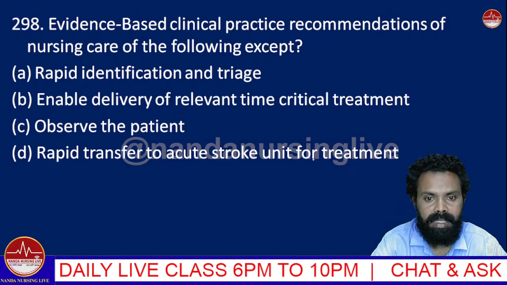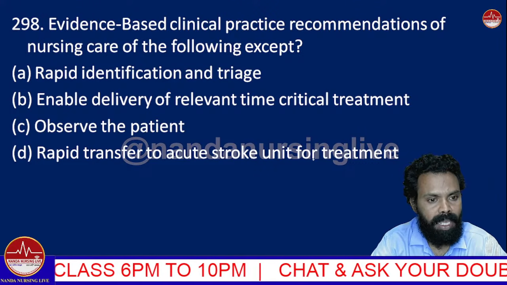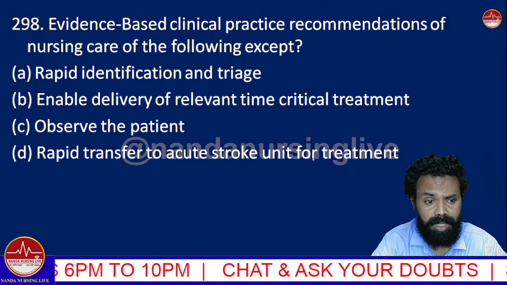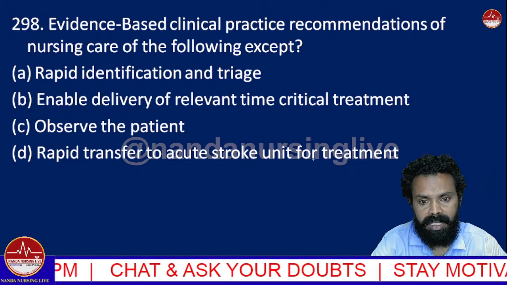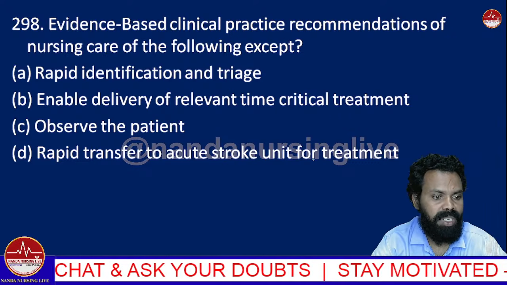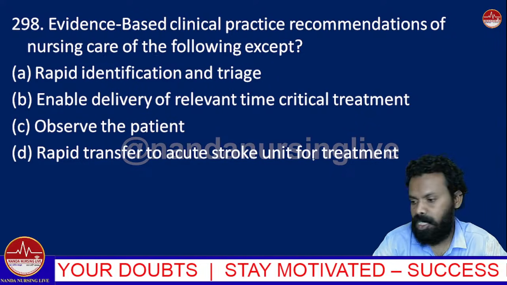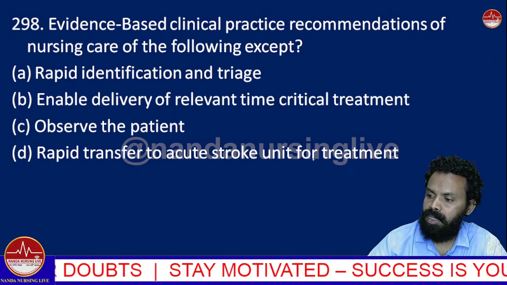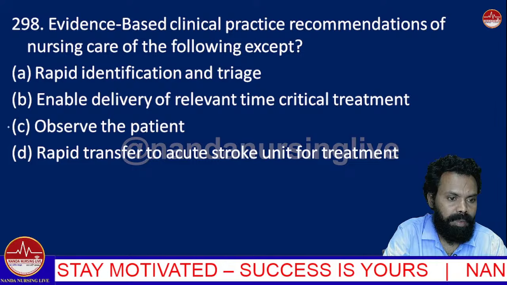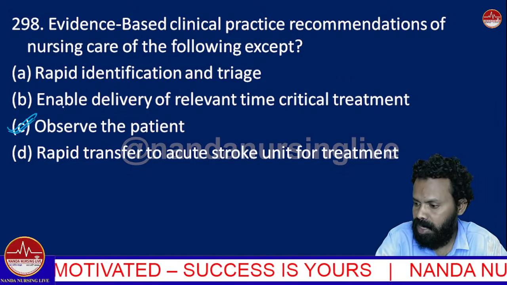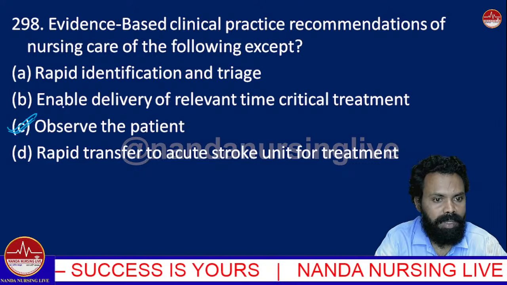Next question number 298. Evidence-based clinical practice recommendations of nursing care are the following except: Option A, rapid identification and triage. Option B, which enables delivery of relevant time-critical treatment. Option C, observe the patient. Option D, rapid transfer to acute stroke unit for treatment. So the correct answer is option C, observe the patients. Rapid identification and triage, enabling delivery of relevant time-critical treatment, and rapid transfer to acute stroke unit are all evidence-based clinical practice recommendations of nursing care.